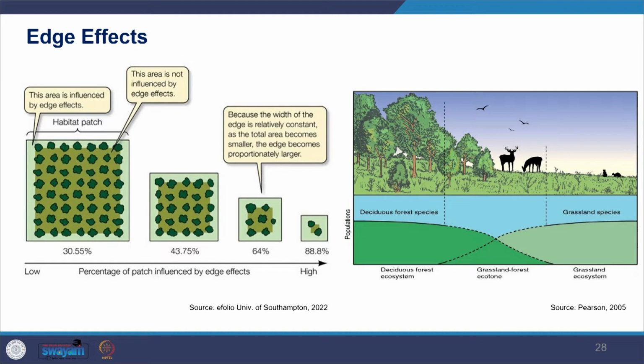And when there is larger and larger edge, then we see that we have more species that live on the edge compared to species that live in the core area. So fragmented habitat patches are also susceptible to external impacts. When such fragmentation happens, they are much more exposed to pollution because of the roads and other things coming in. And then physical damage can also happen because of continuous activities, and there can be disturbances also.